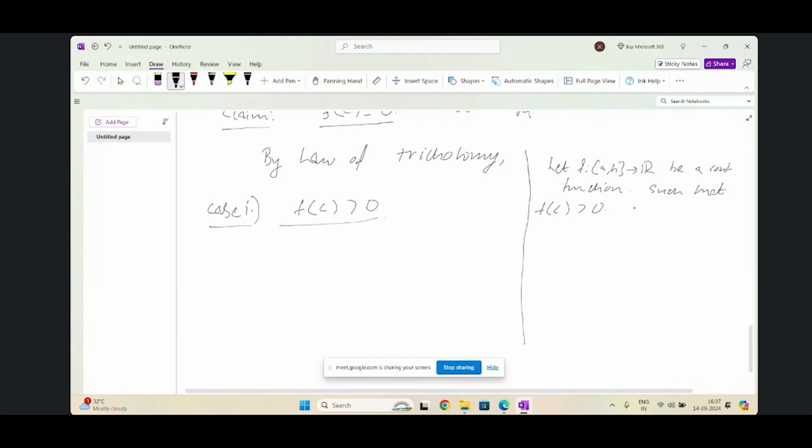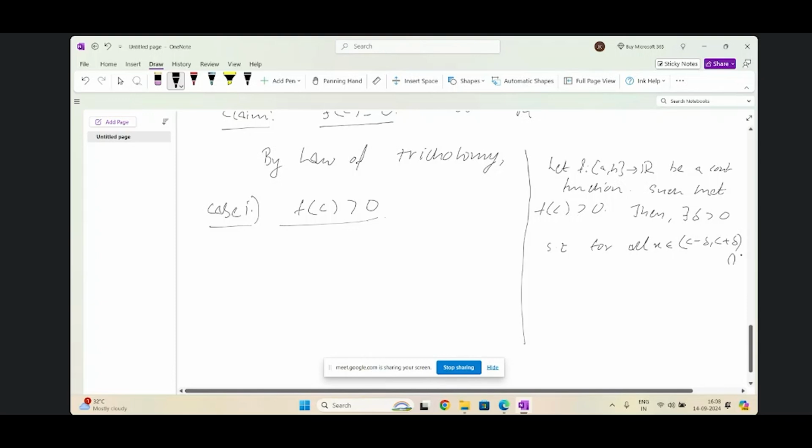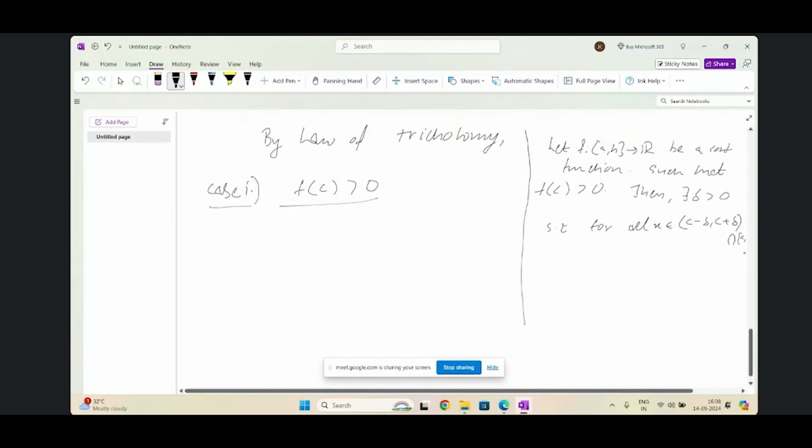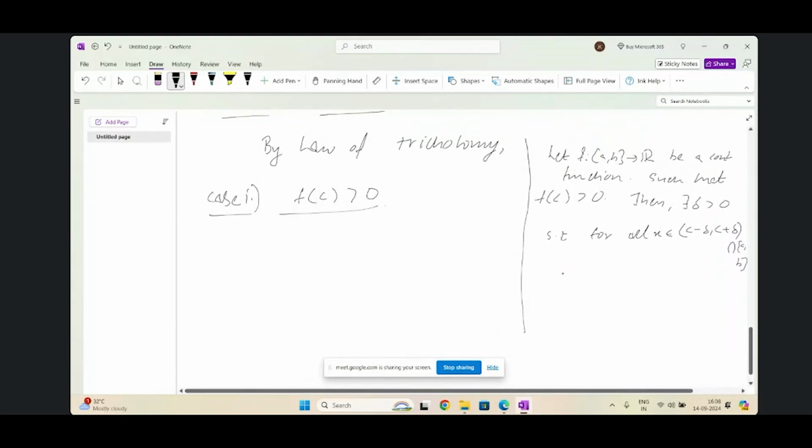Then there exists delta greater than 0 such that for all x belongs to (c minus delta, c plus delta) intersection [a, b], we have f of x greater than 0.